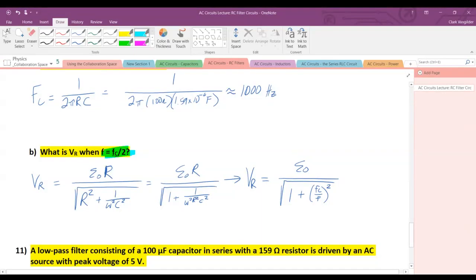when f is fc over 2, this turns out to be a number. So we're really just dividing our peak voltage by the square root of some number. That's a kind of trivial math maneuver, and you would get some series of voltages that depended on what frequency f is, or what partition of the crossover frequency it is.